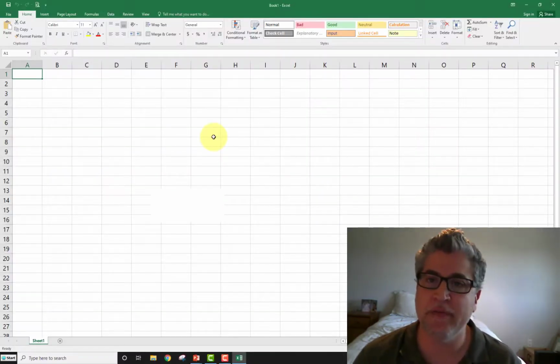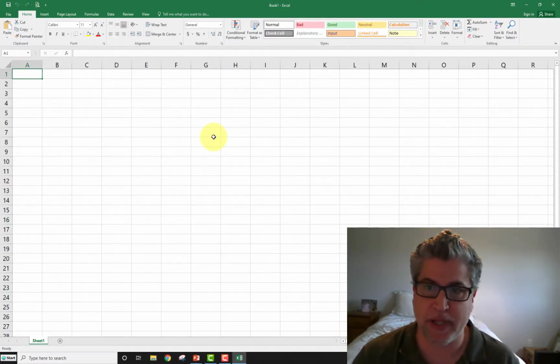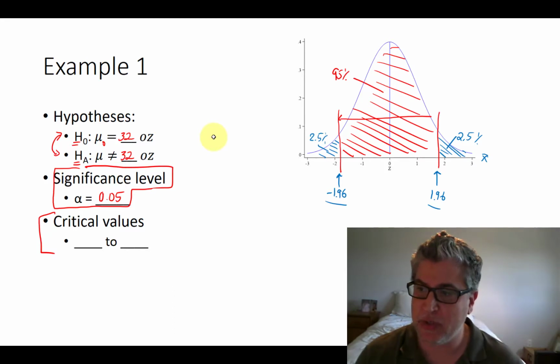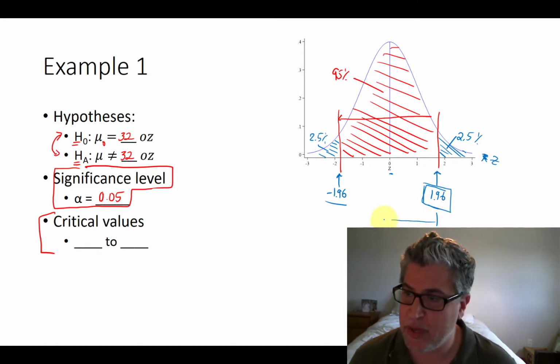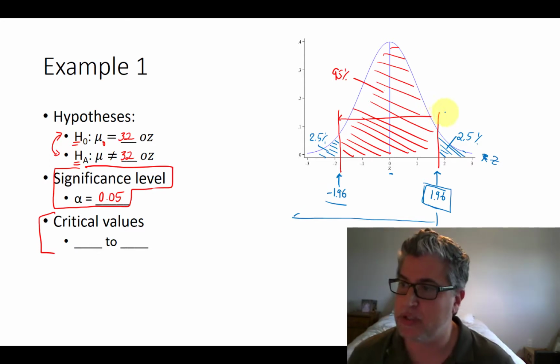So let's switch over to Excel and verify 1.96 and negative 1.96 right now. Okay, so we want to know the value of z that accounts for a particular probability. Now the value of z that we're going to look for is this guy right here. This is a normalized thing, so some particular value of z accounts for a certain probability.